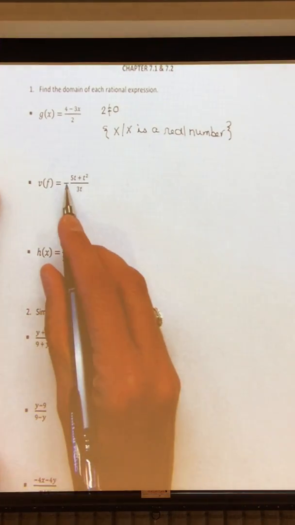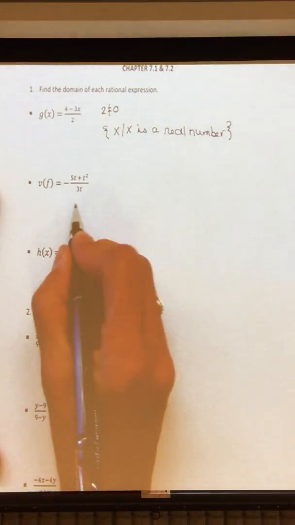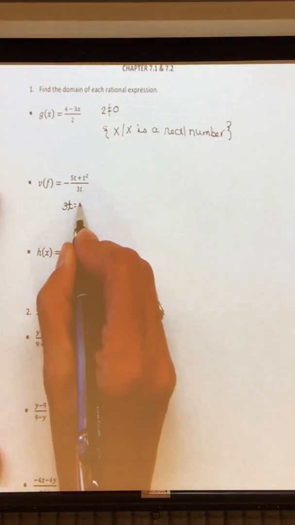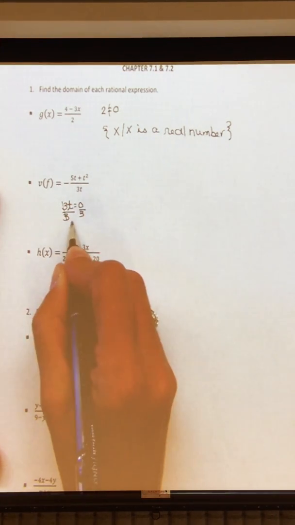For the second one, we set the denominator equal to 0. So we set 3t is equal to 0 and solve. Divide by 3. Therefore, t is equal to 0.